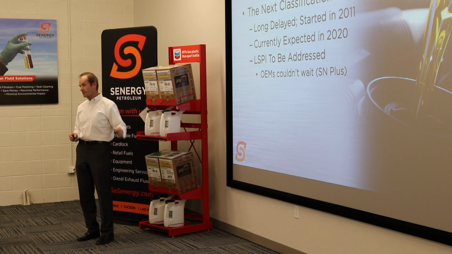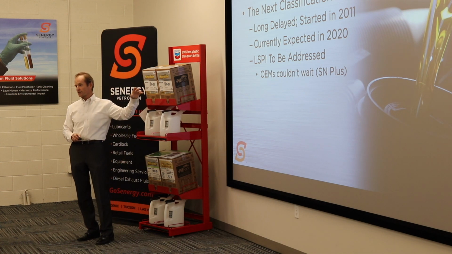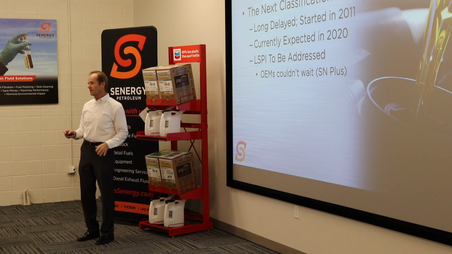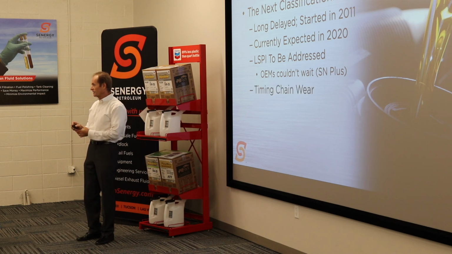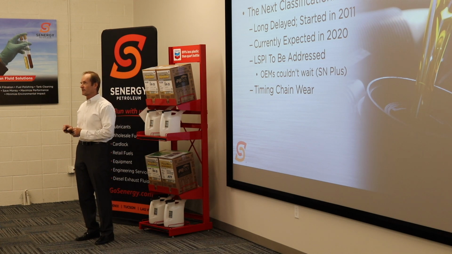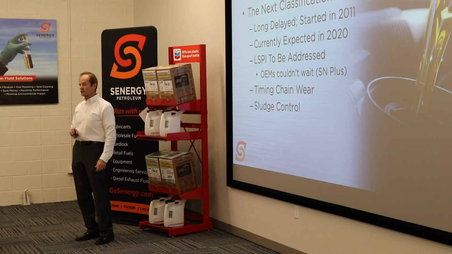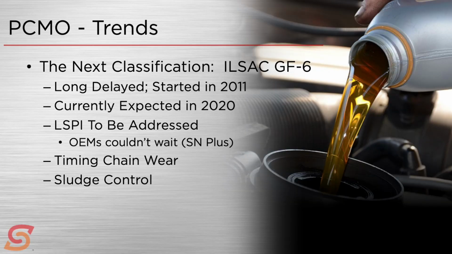Other things that the new classification, again coming up in 2020, is designed to address include timing chain wear, which has shown up in a few places, sludge control, and more deposit control. That seems to be a thing with almost every new classification, better deposit control and better sludge control.